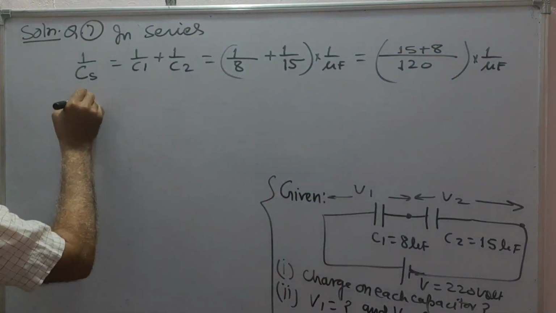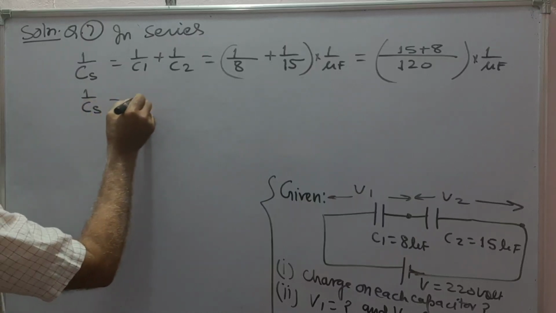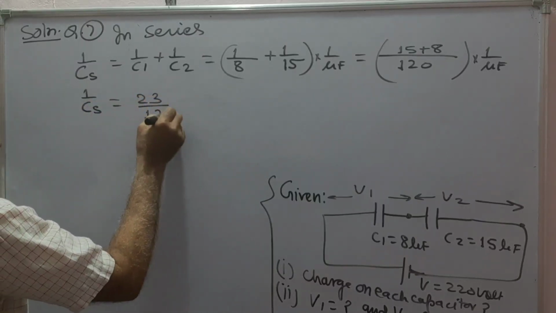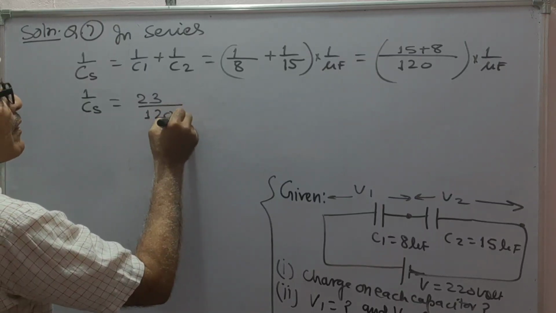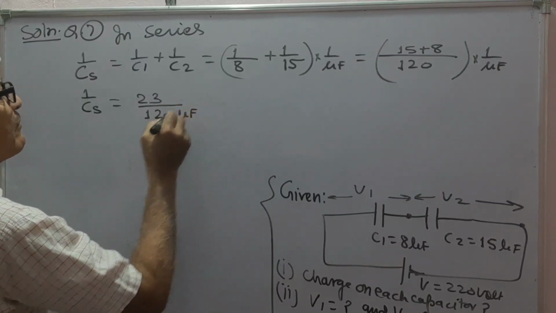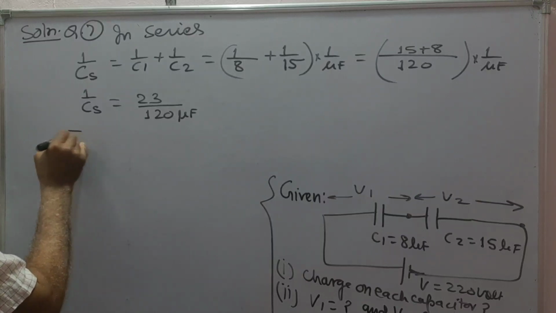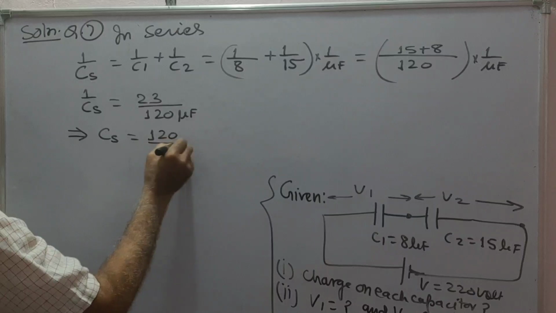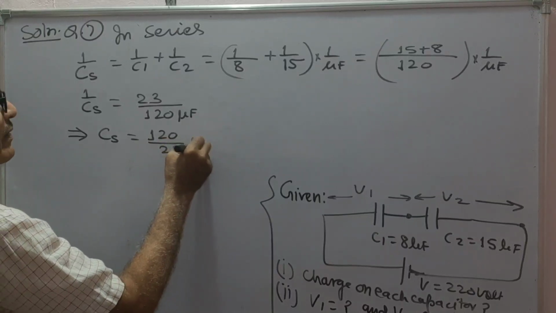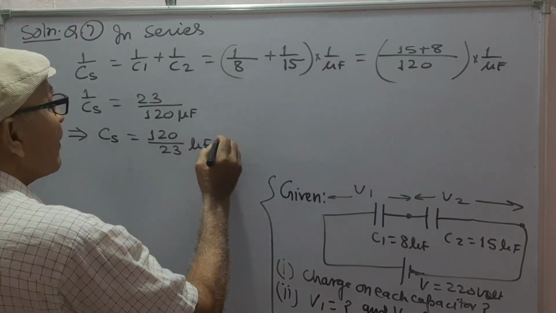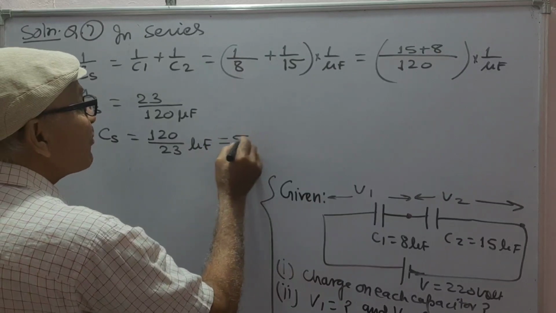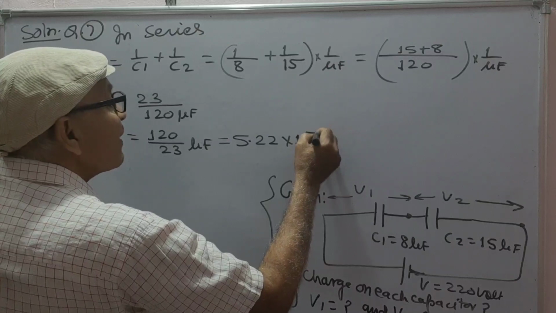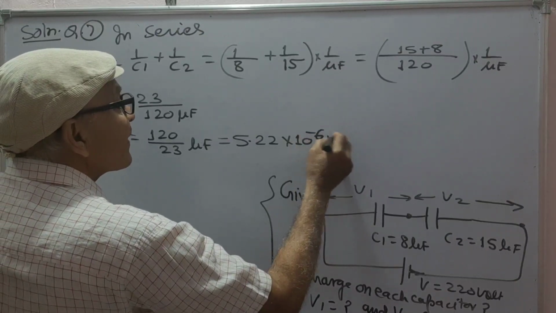So 1 upon Cs will be equal to 23 upon 120 microfarad, which gives Cs as 120 divided by 23 microfarad, which gives 5.22 into 10 to minus 6 farad.